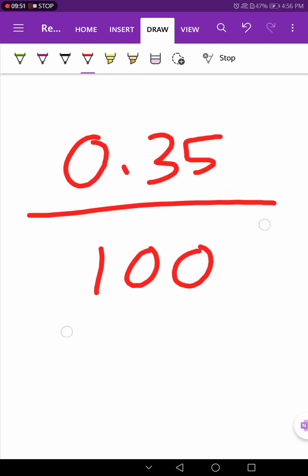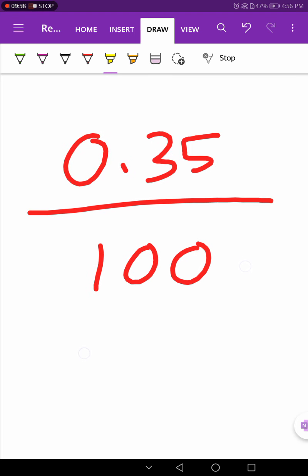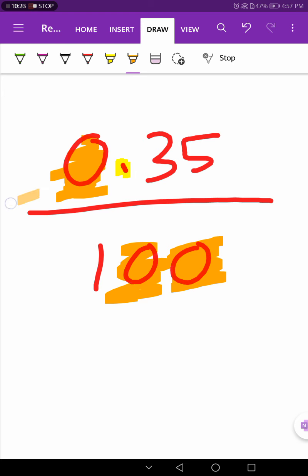Okay, next. We want to make it a percent first. In this case, do we have a decimal point? Yes, it has a decimal point. So no need to create a decimal point. How many steps do I have to move it? According to the number of zeros down. We have 2 zeros, so we have to move it 2 steps. 1 step and 2 steps.